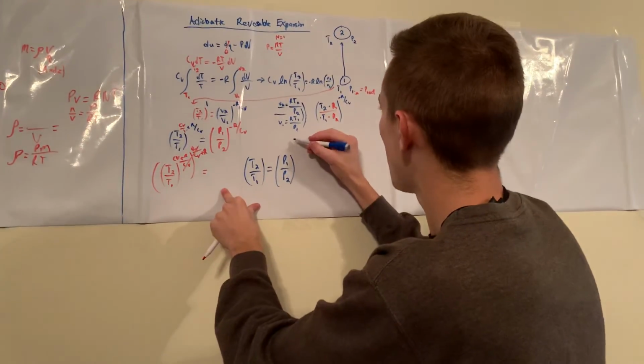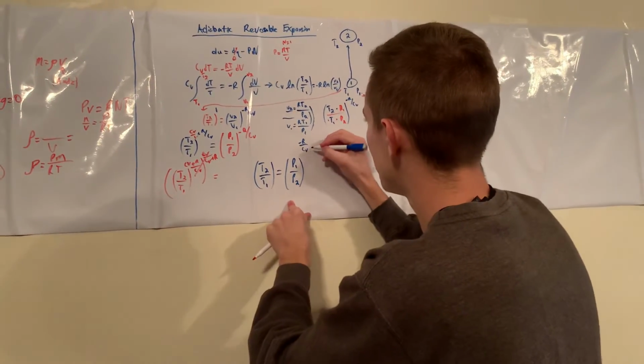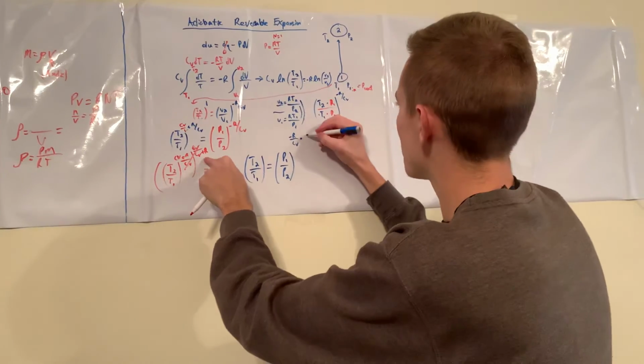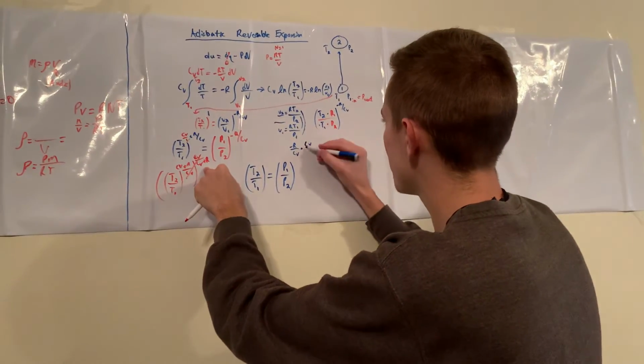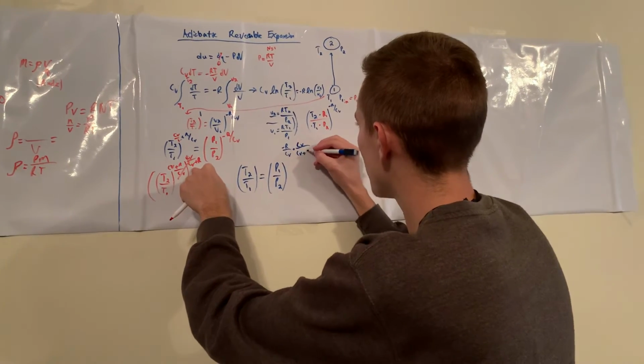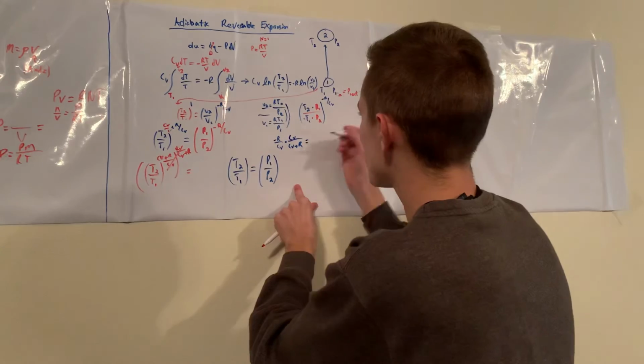So we had a negative gas constant over heat of vaporization multiplied by, what was this R exponent here? So our reciprocal was heat of vaporization over heat of vaporization plus R. Okay, so this goes to what?